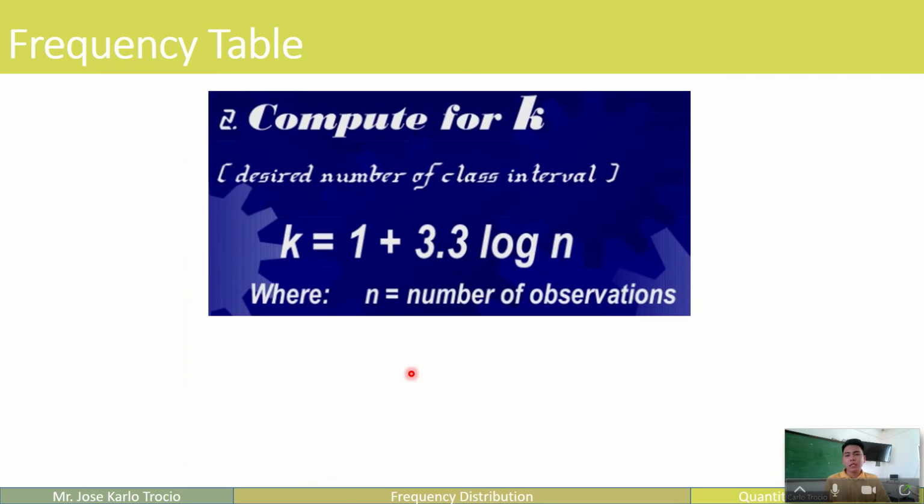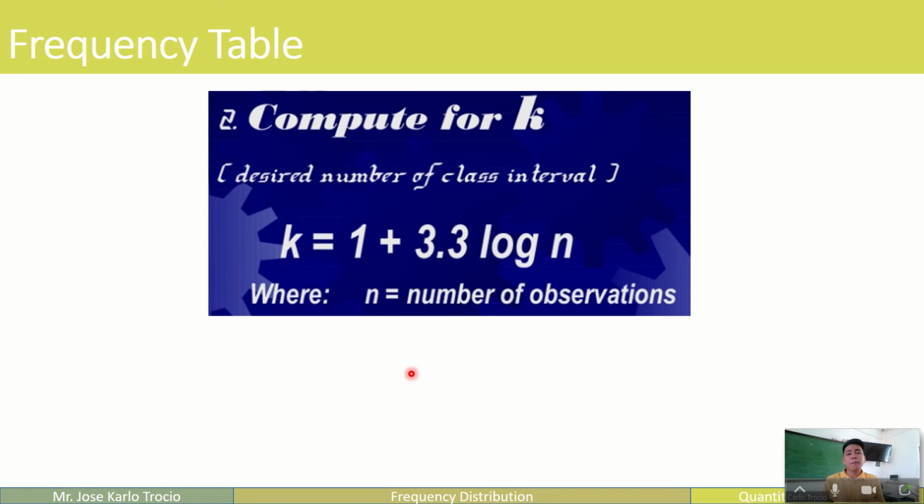Okay. Next is to compute for k, which is the desired number of class intervals. In the frequency table, you may have many class intervals like 1 to 10, 11 to 20, 21 to 30, and so on.